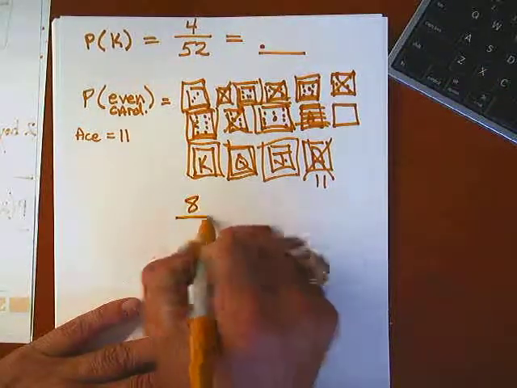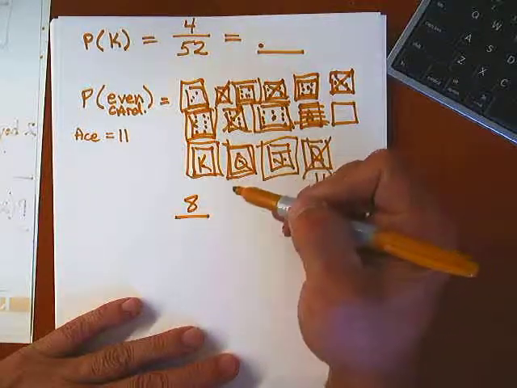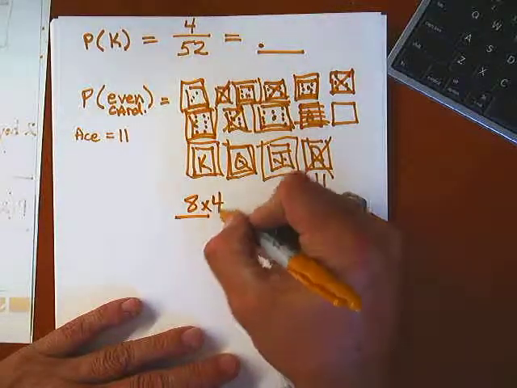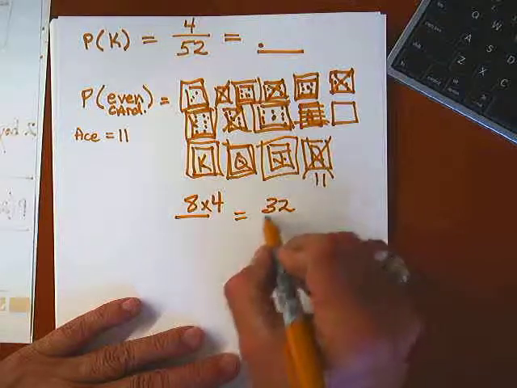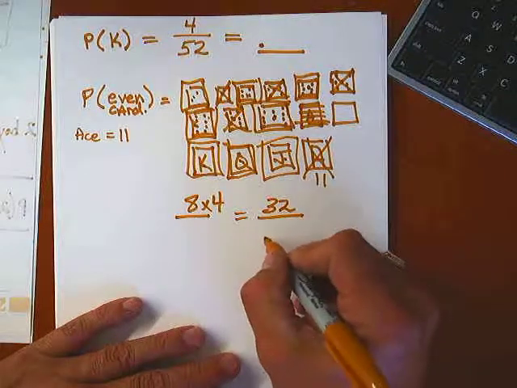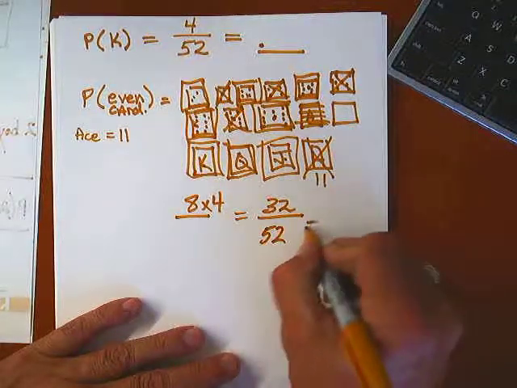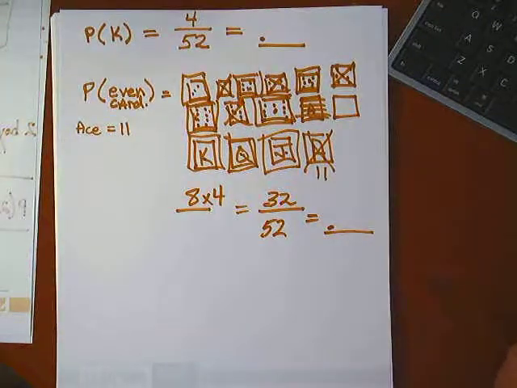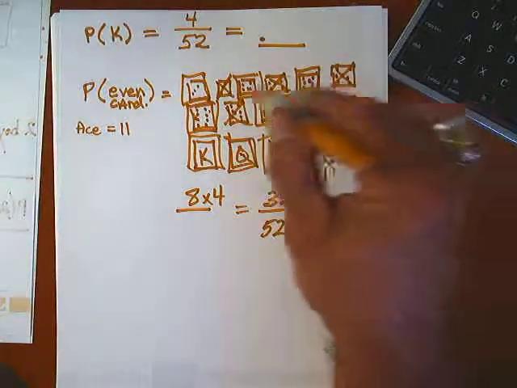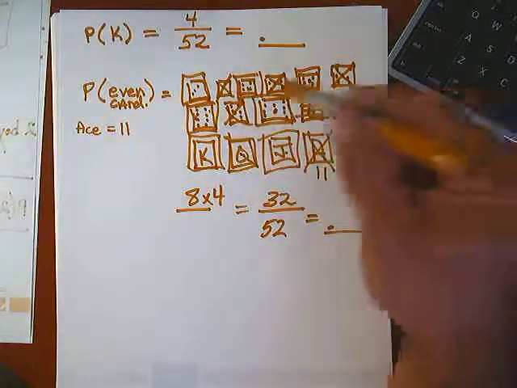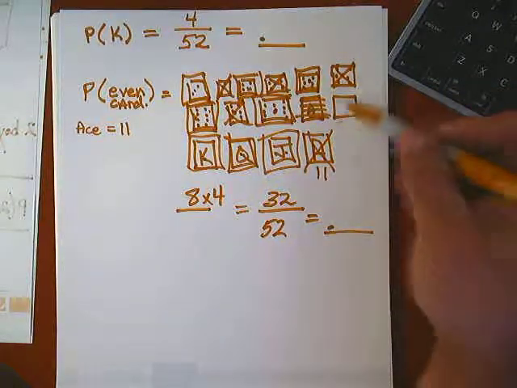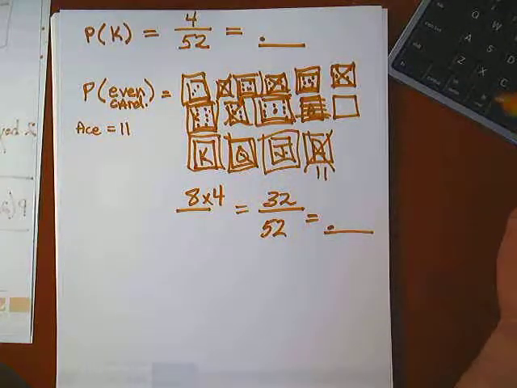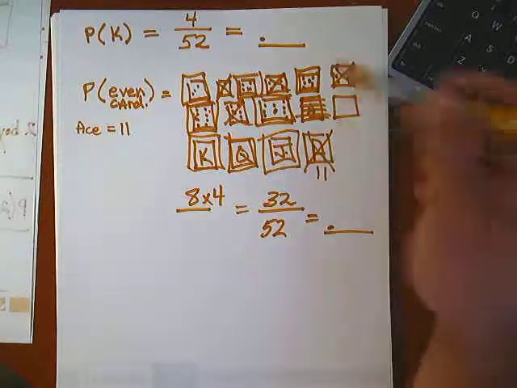So that'll be 1, 2, 3, 4, 5, 6, 7, 8. So your answer would be 8 over. Now that would be 8 out of a suit. So that would be 8 times 4, which is 32 over 52. And that would be equal to some decimal between 0 and 1.